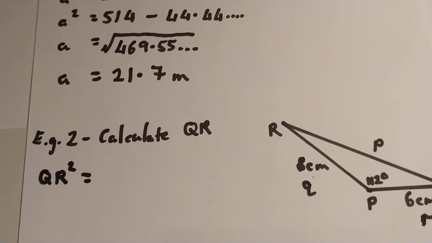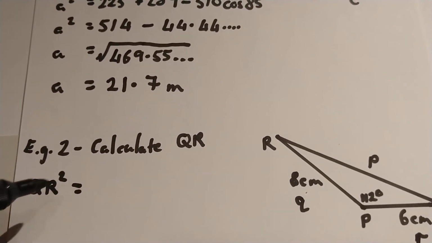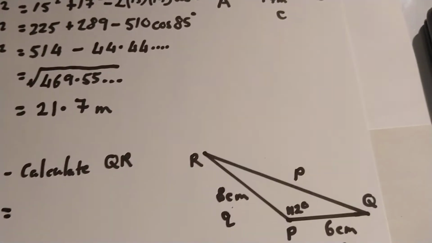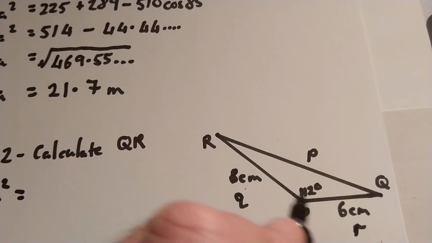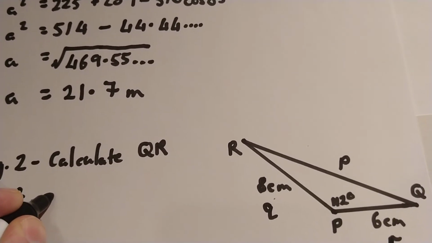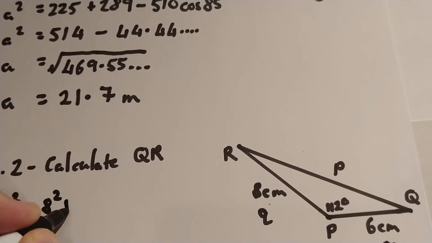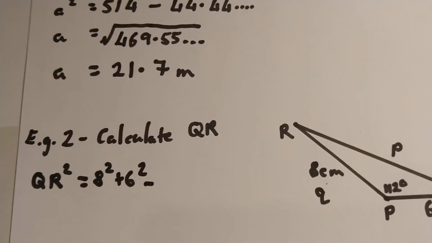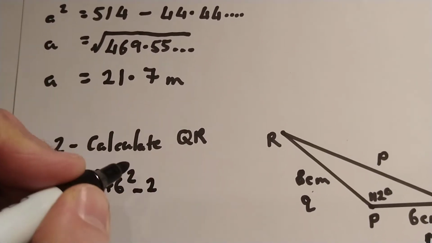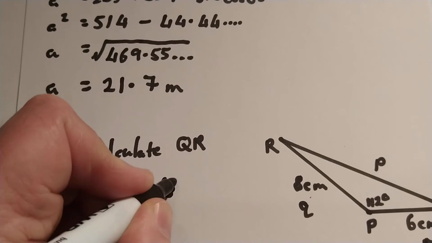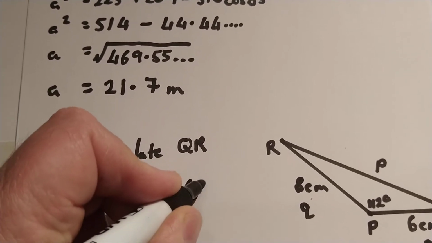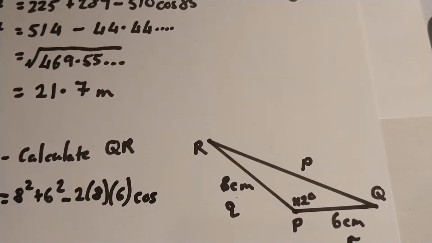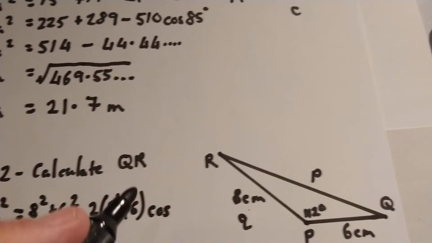But again, you could put small p, p squared equals for the side. Well, I'm going to do the same steps as I did before. My 8 squared and my 6 squared. Take away 2 times the first side I know and the second side I know. Cosine, and the angle in between, 112 degrees.